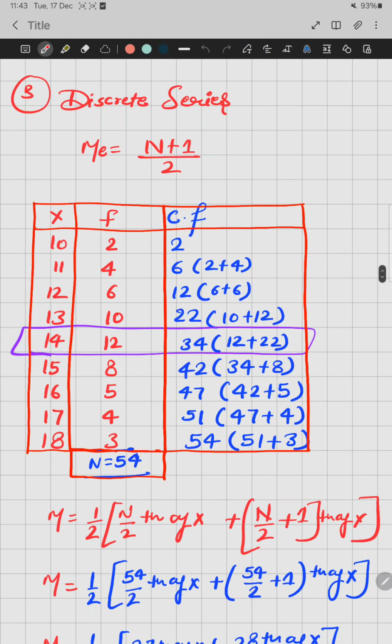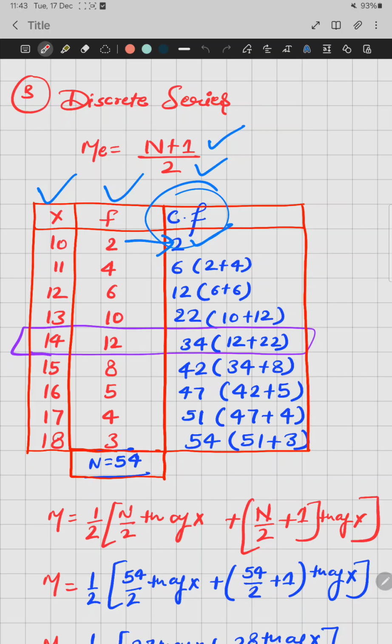Now coming to the discrete series. Of course, in discrete, your median will be n plus 1 by 2. Here the X series is given and the F series is given. You have to find out the CF. How will you calculate CF? Here the first digit will come as it is from the F, which is the frequency.